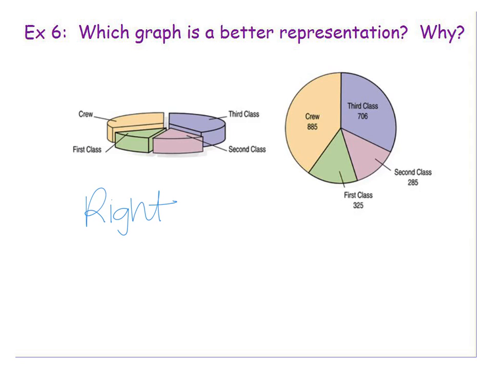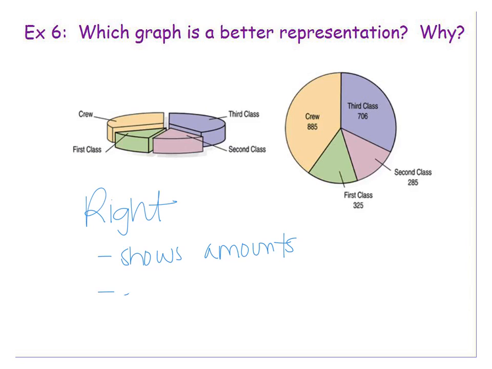Why do you think that is? What are some things that were important about a circle graph that make this a good graph? Well, one, it shows your amounts. That was definitely one important key feature that the one on the right has that the one on the left doesn't. What about the wedges? How easy is it to compare the ones on the left? Probably not so easy.